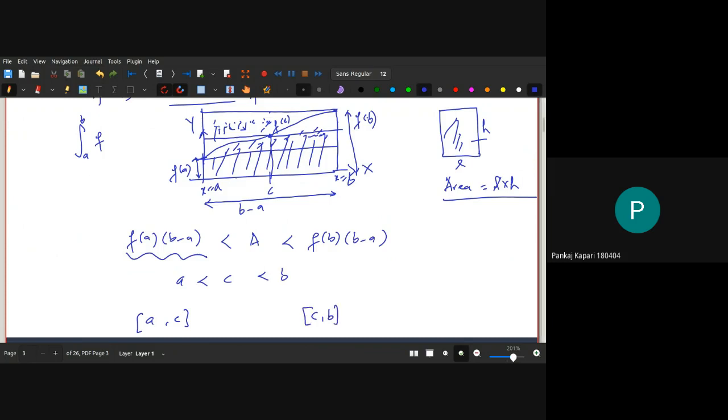And in each of these intervals, we'll choose some arbitrary points. Let's call them c1 and c2, so that we can have the heights. So c1 has this much height, and c2 has this much height. So we have these two rectangles. Okay, so in this case, what is our area?